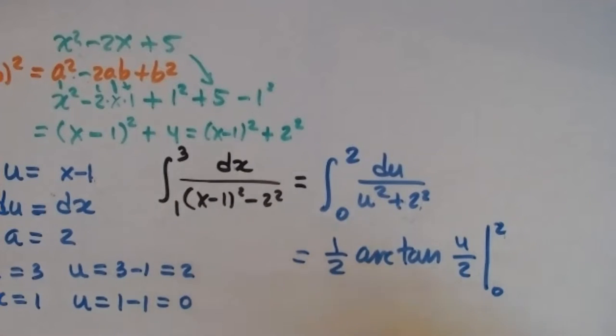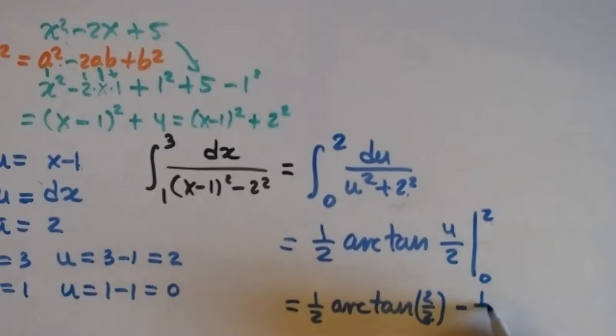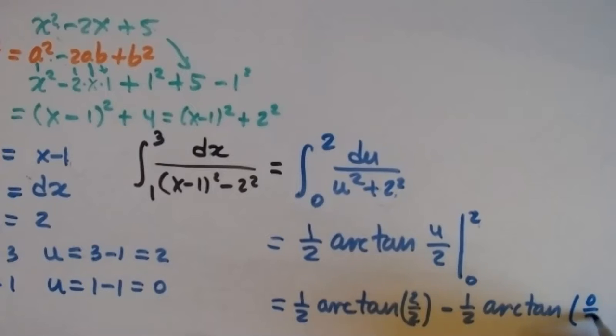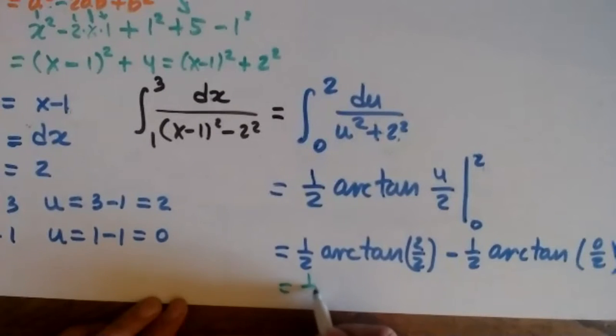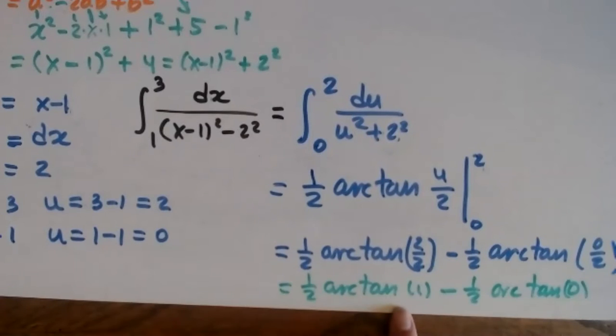And here is going to be the difficult part because you have to do 1/2 the arctangent of 2 over 2 minus 1/2 the arctangent of 0 over 2. Now we have to remember our precalculus. 1/2 the arctangent of 1 minus 1/2 the arctangent of 0. Okay, the tangent of what angle is 1?